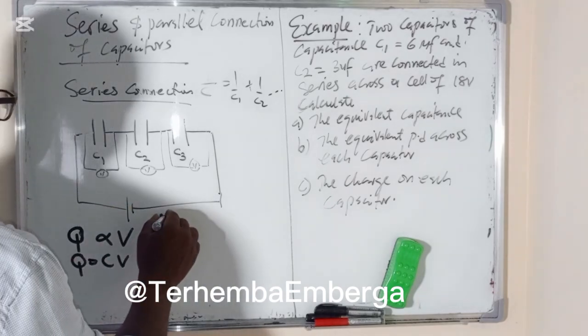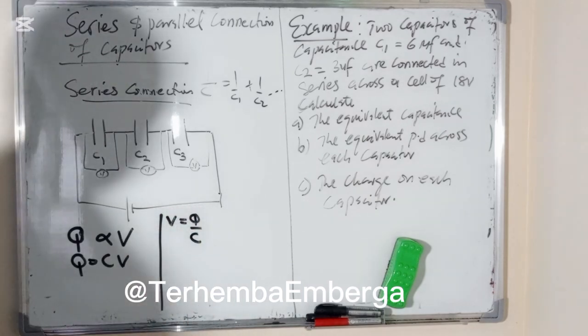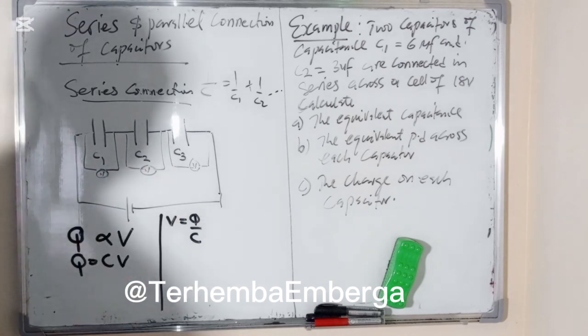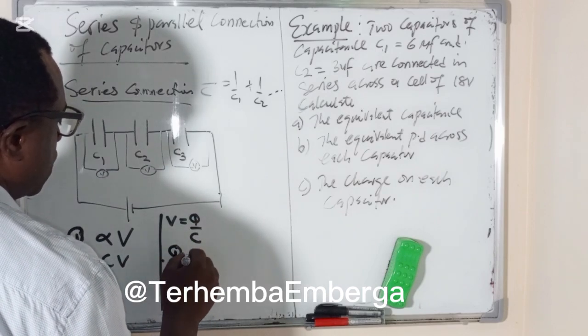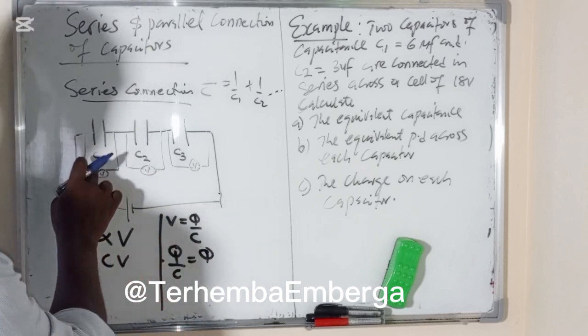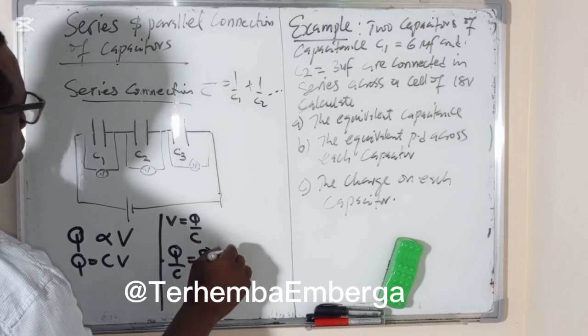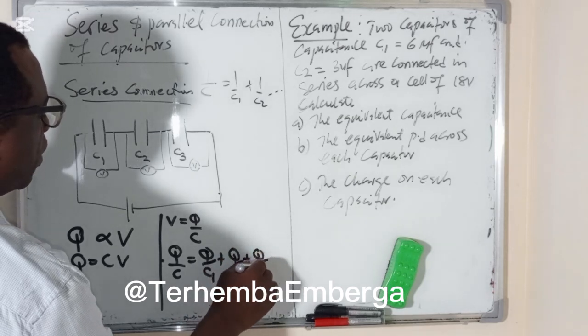If you make V the subject, V becomes Q over C. So the potential difference for C1 will be different, for C2 different, for C3 different, which we can say that Q over C is equal to Q over C1 plus Q over C2 plus Q over C3, because remember the charge is the same for each of them.